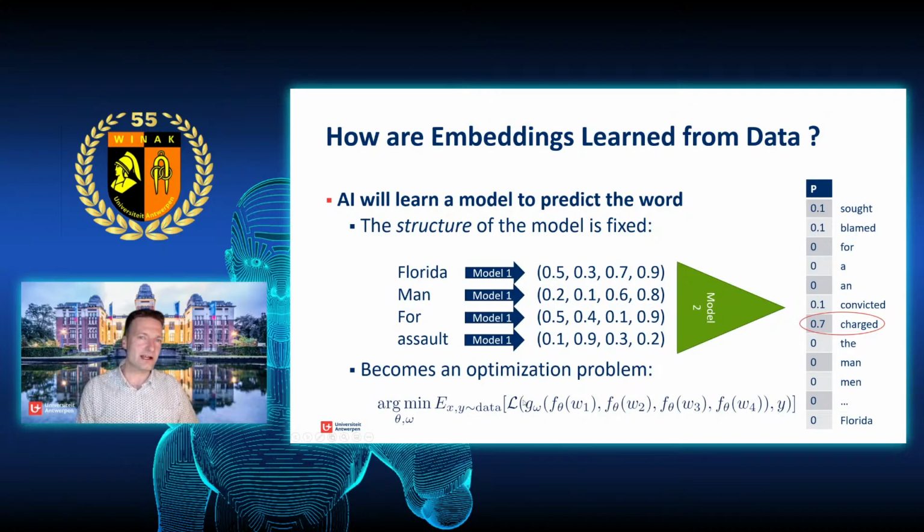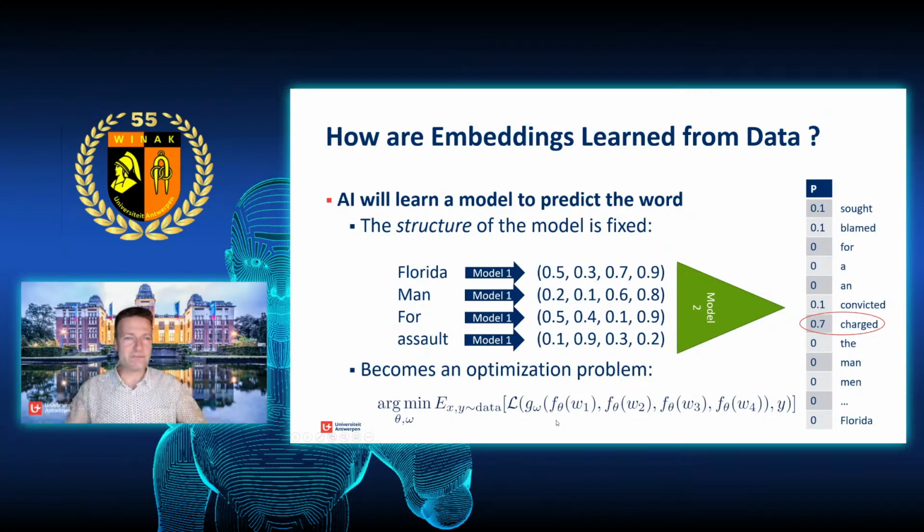And then I apply my function g that also has parameters omega. And this is just an optimization problem, and we can use hill climbing, or gradient descent in this case, because we're going down, in order to find a locally optimal solution. And that is basically what the machine does.